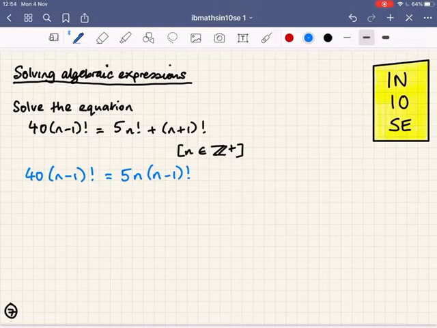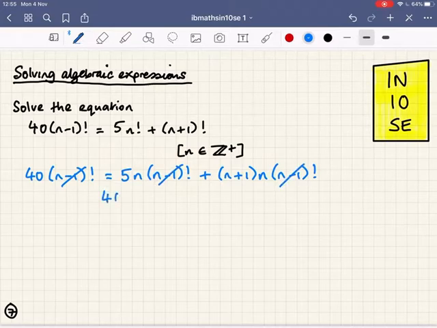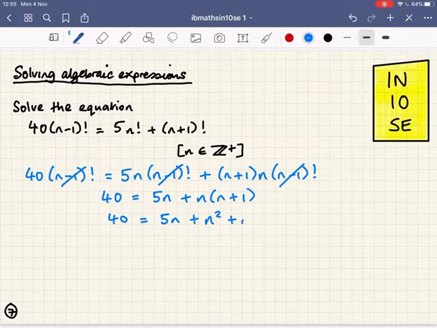Brilliant. And n plus 1 factorial can be written as n plus 1 times n times n minus 1 factorial. Now I can divide everything by n minus 1 factorial to get rid of that part of the expression. So I end up with 40 equals 5n plus n times n plus 1. And if I expand all of that out, 40 equals 5n plus n squared plus n.